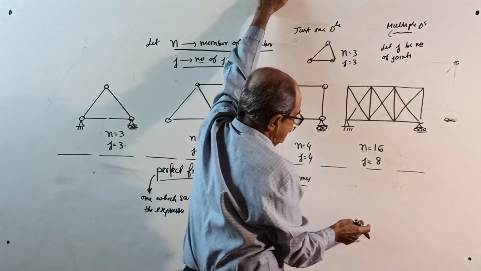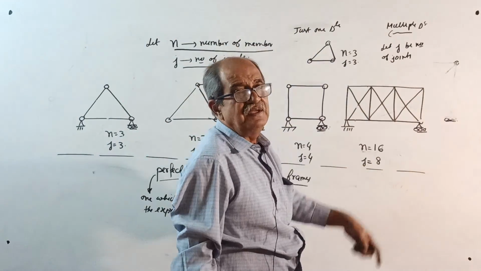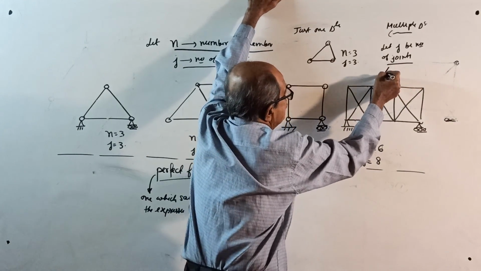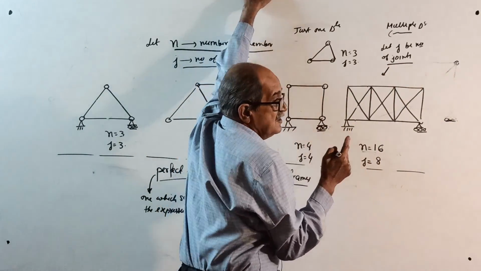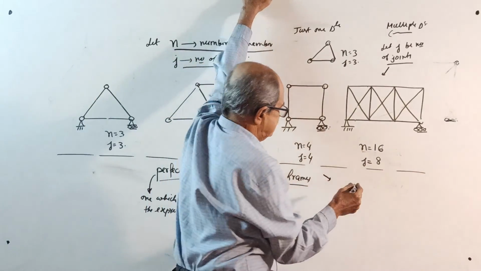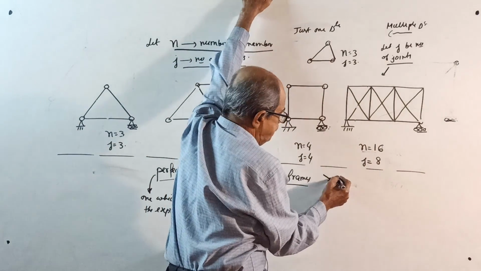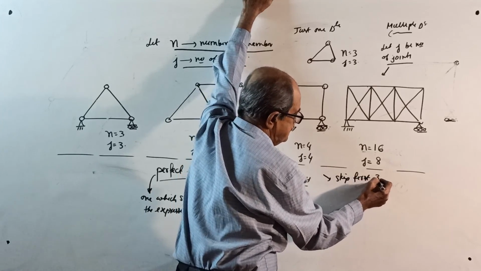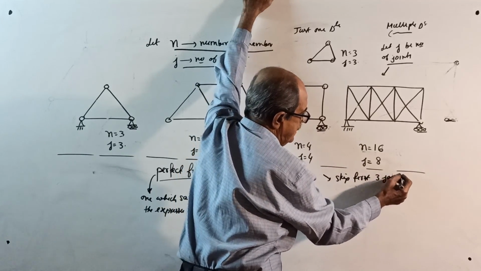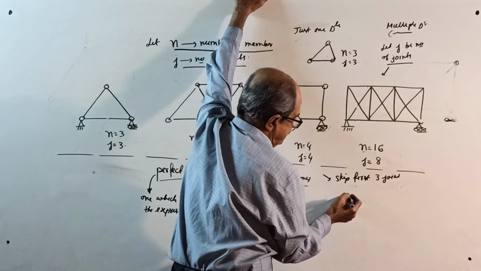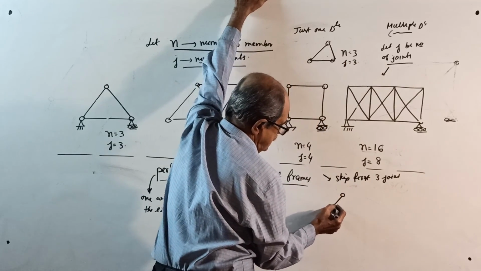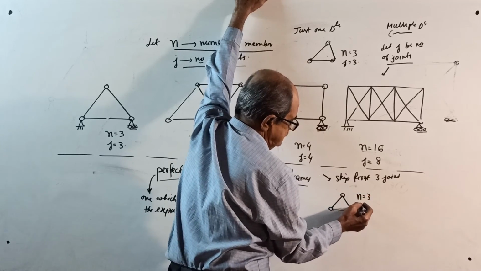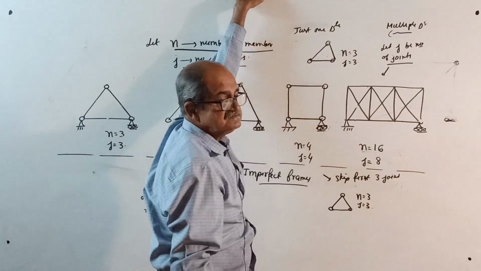Let j be the number of joints. Those who are serious, see correctly. If j is the number of joints, first 3 joints: n equal to 3, j also equal to 3.